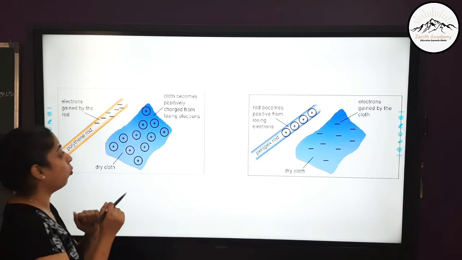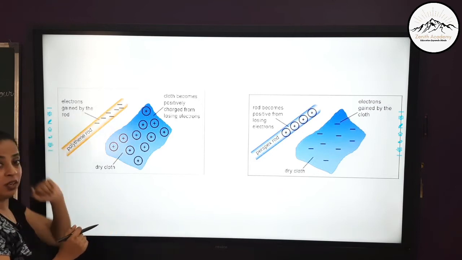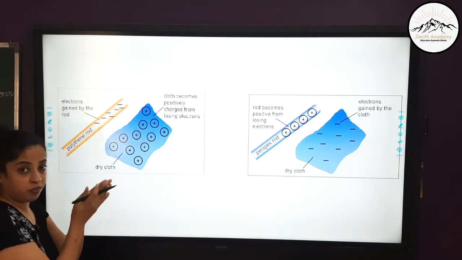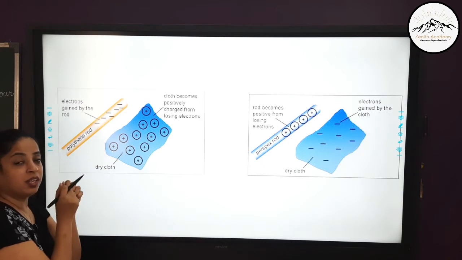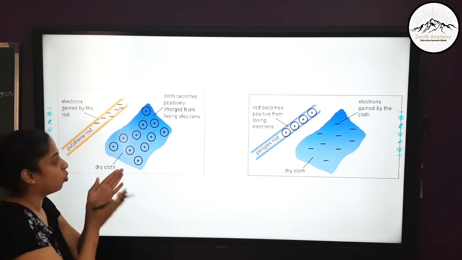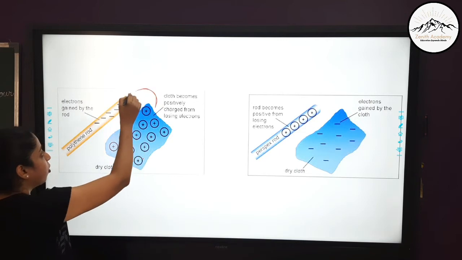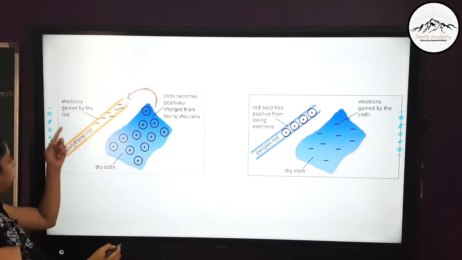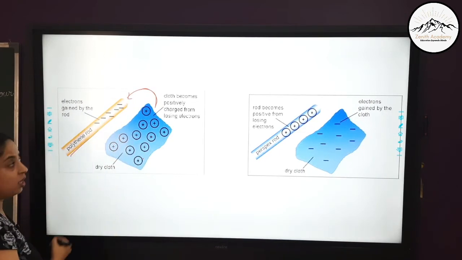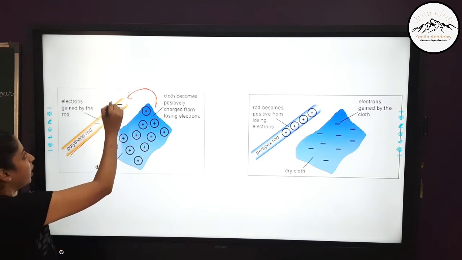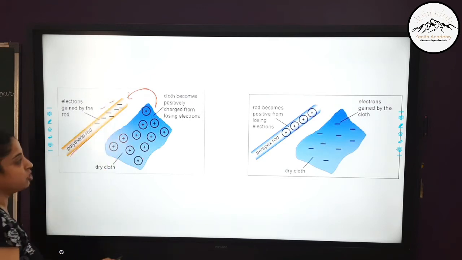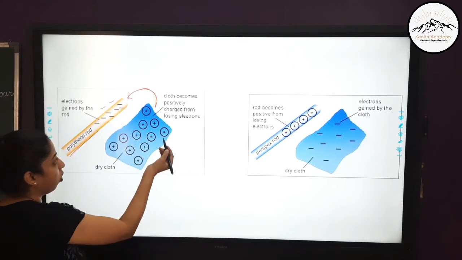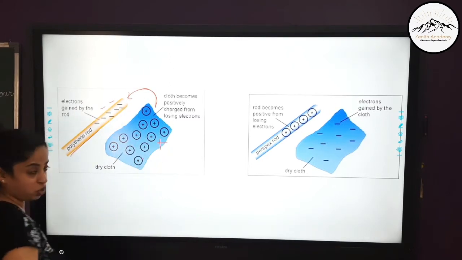So when we rubbed it, what happened was the polythene rod had more affinity for electrons. So it did not want its electrons to go. So when we rubbed, the electrons traveled from cloth to the polythene rod, and that is why now there are more negative charges. So this becomes negatively charged, and since the electrons have gone from the cloth, it becomes positively charged.